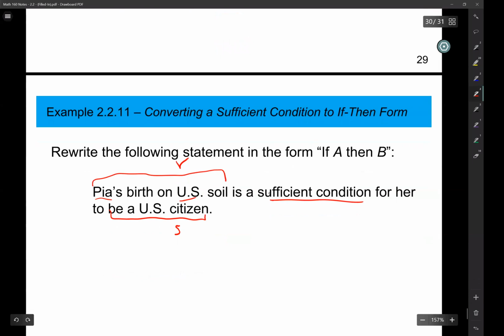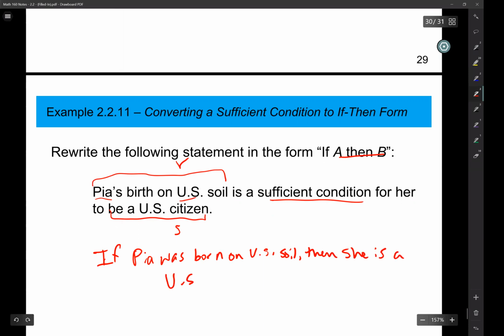So the way we write that in an if statement is if Pia was born on U.S. soil, then she is a U.S. citizen. And so you see, sometimes we have to change the language a little bit to make it match the grammar of English, but it's all good. Okay.